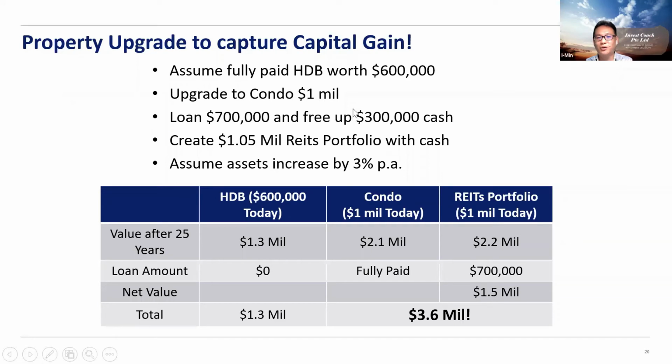But if this goes into margin on REITs, the dividend can cover the mortgage loan. Then net, you basically upgrade from HDB to condo, and you don't have to service the mortgage.